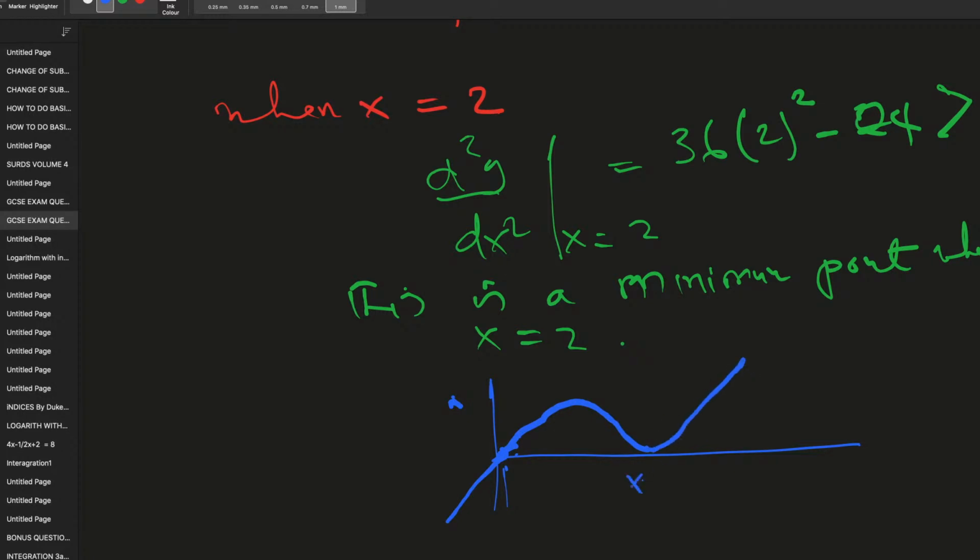So minimum point when s equals 2, and when s equals 0 it becomes a maximum point. So joining the points, that is more or less like a cubic.